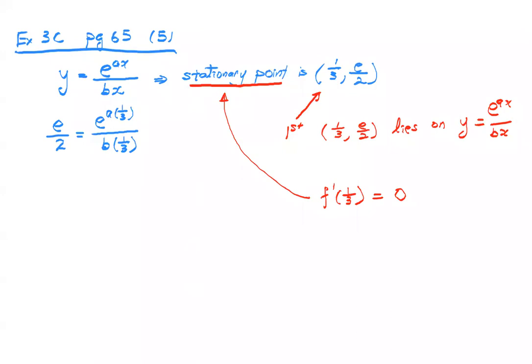So what we can do is rearrange this expression first. I can say eb over 2 is equal to, here we divide by 1/3, so that means times 3.